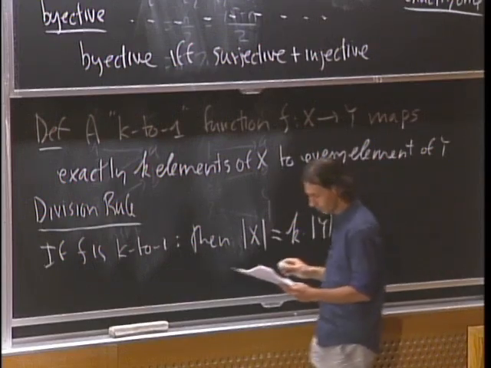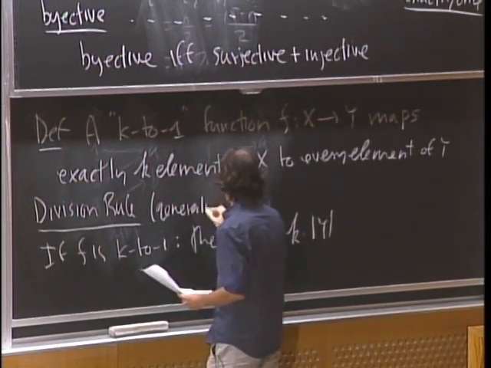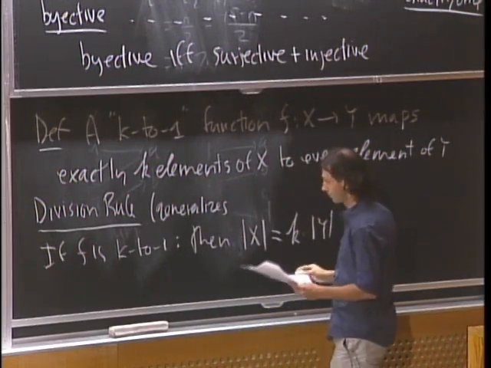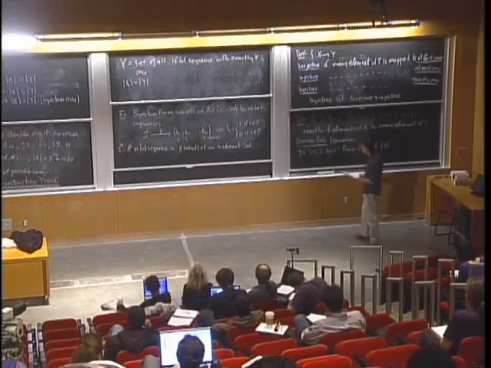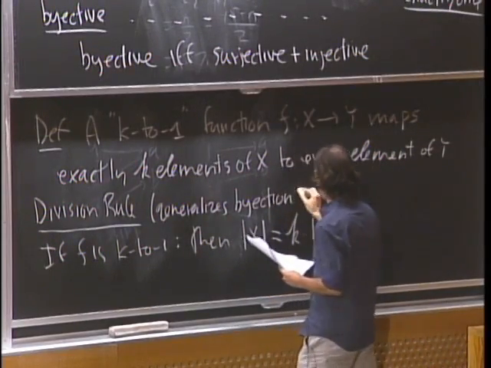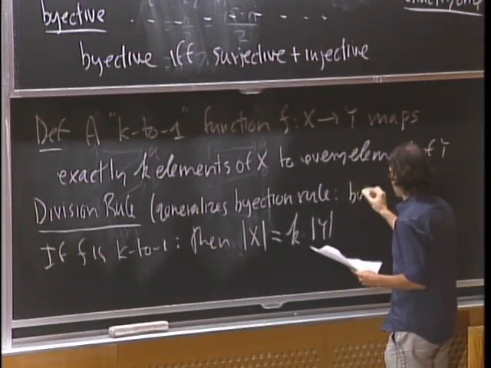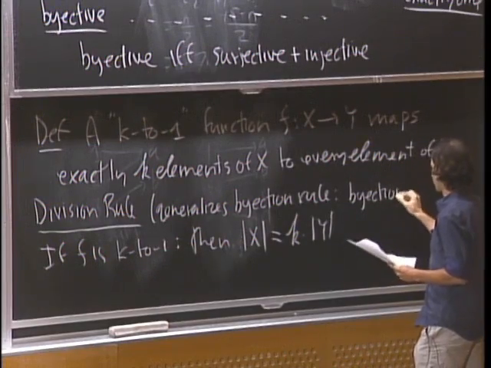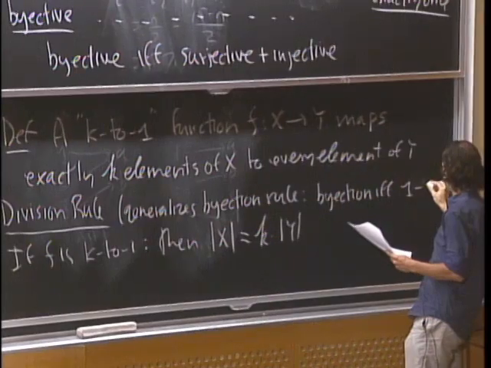Now this division rule actually generalizes the bijection rule, which I've put over there. And why is that? Well, that's because a function is a bijection if and only if it is actually 1 to 1.